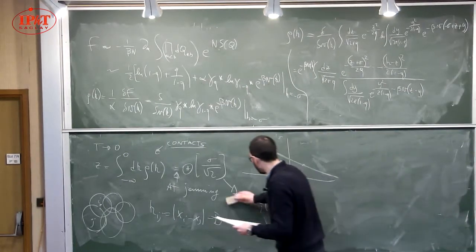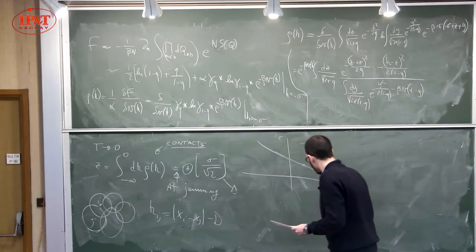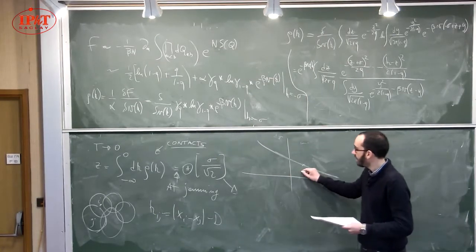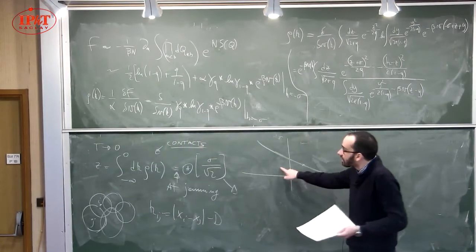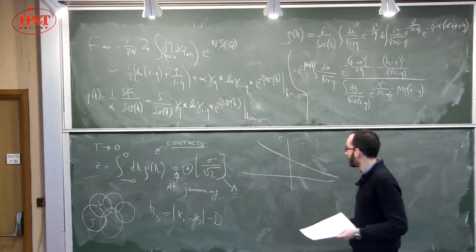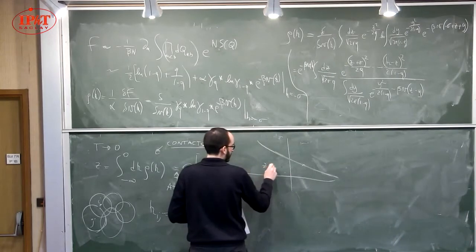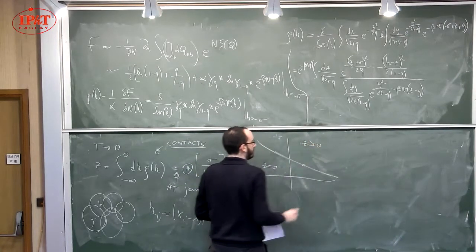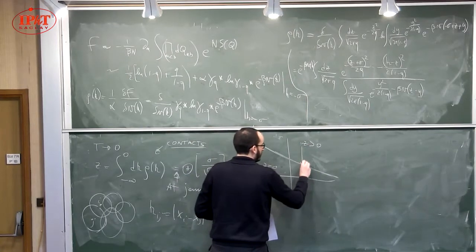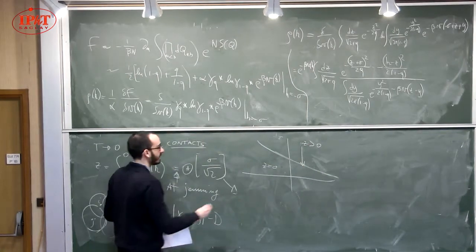Okay, so of course here in the Sat phase, z is equal to 0, right? Because here you can solve the constraint satisfaction problem, and so here z is equal to 0, and here z is greater than 0. And when you go towards this line, you get the limit.